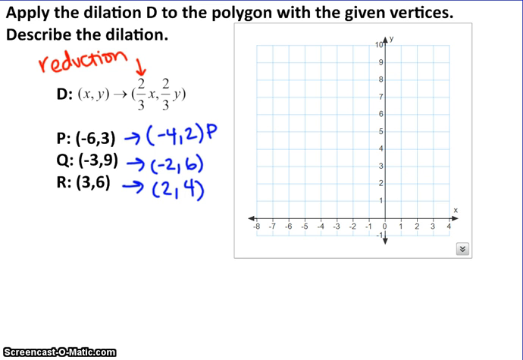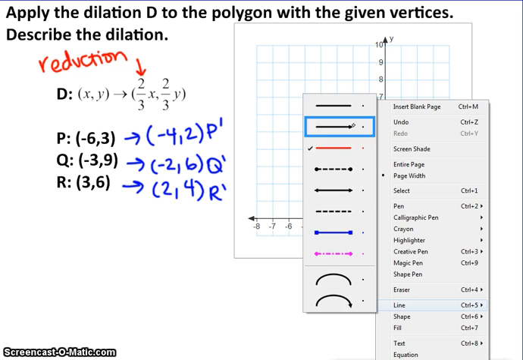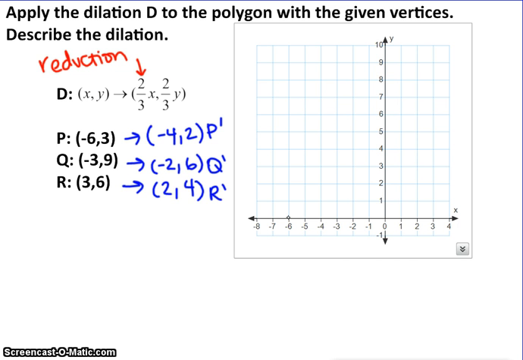And this is my P prime, Q prime, and R prime. Alright, so let's go ahead and plot these points. So (-6, 3), (-3, 9), and (3, 6). So all the way over here. Alright, so there's my picture.